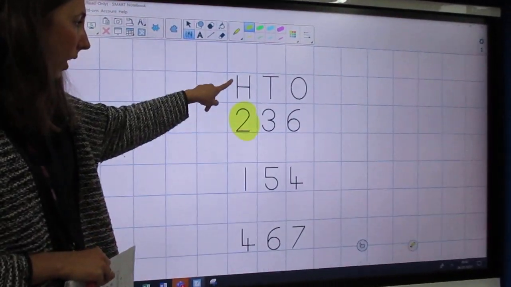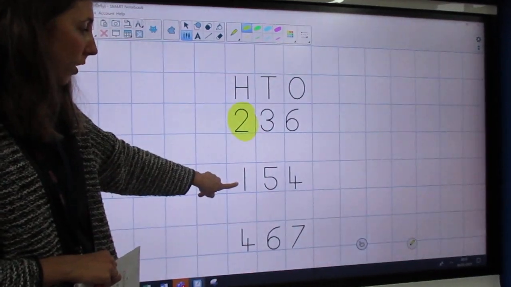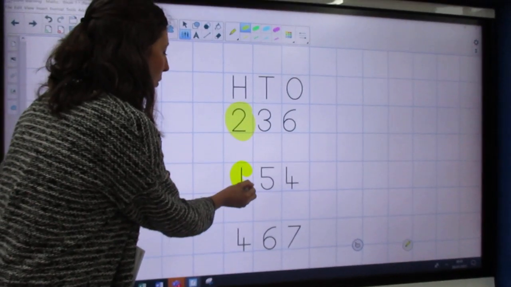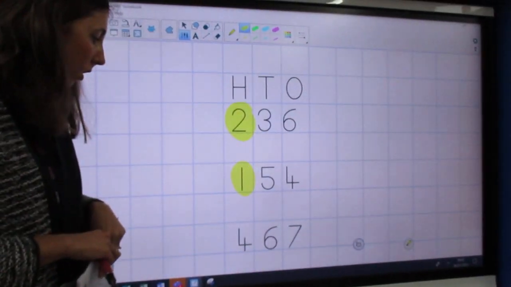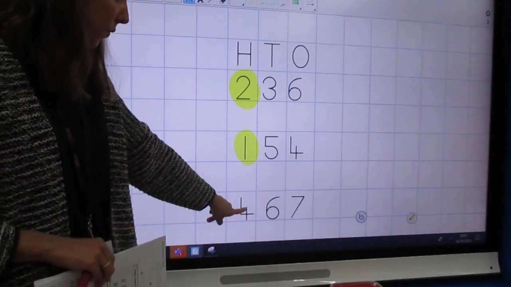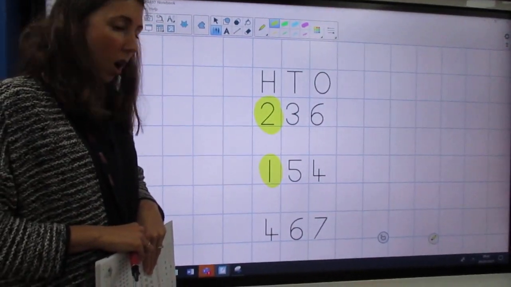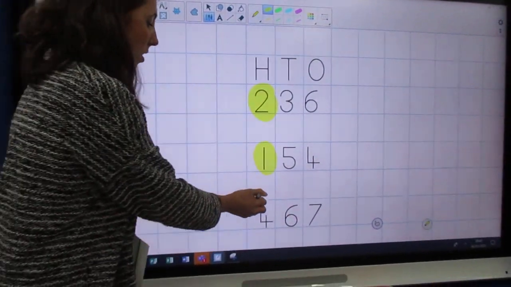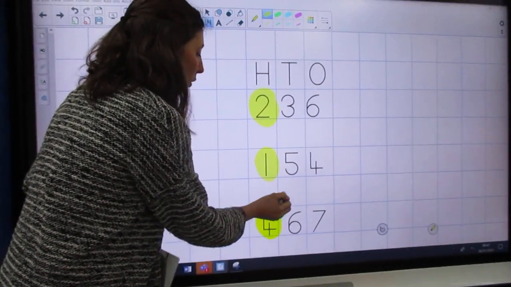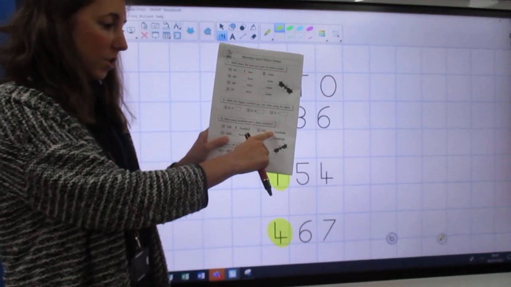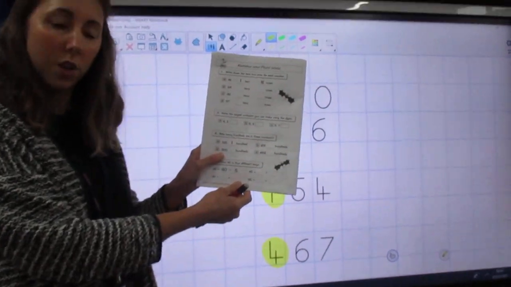Okay, so that one is 154. So that number's got 1 hundred. Next number then is 467. Tell your grown-up how many hundreds it's got. It's got 4 hundreds. So all you're going to do for question 3 is to write the number of hundreds on the line.